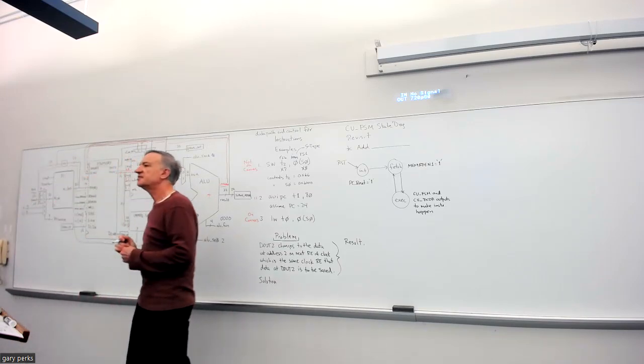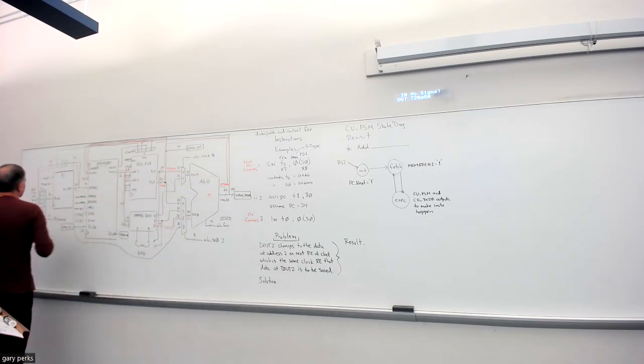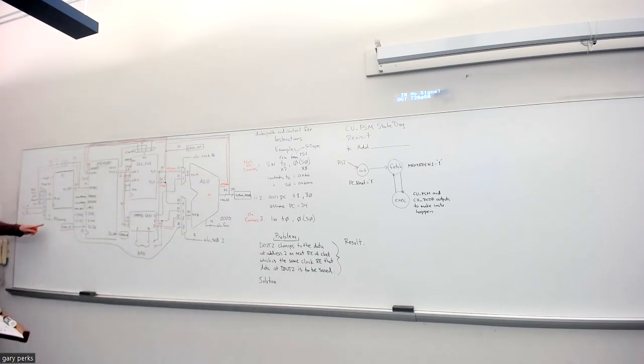Okay, but how about over here? What do we need PC source to be? 0. That will get the data at the input of our program counter. And then what do we need PC write to be? A 1.